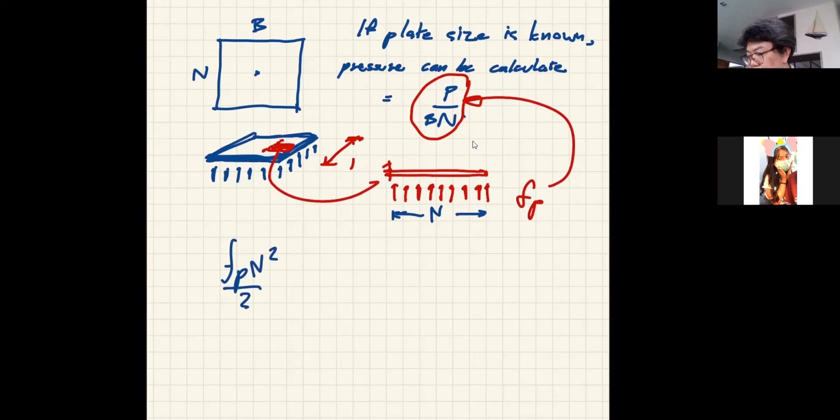Now this moment cannot be greater than your Mn, divided by this if it's ASD, or if it's LRFD, it's this.